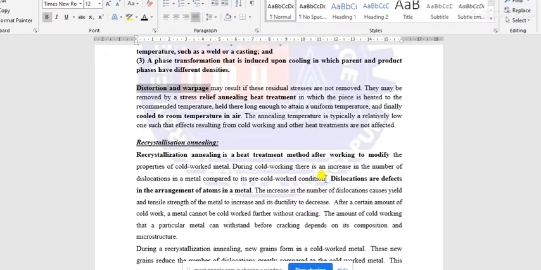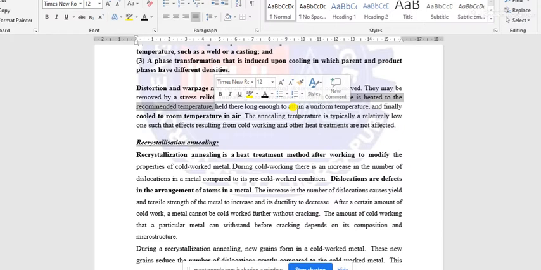The process of this annealing heat treatment is that the piece is heated to the recommended temperature. Obviously you have to choose some temperature to which the metal piece is heated, and then you have to retain that metal at that temperature for a long time, and then finally you have to cool it to room temperature, and this cooling is air cooling.